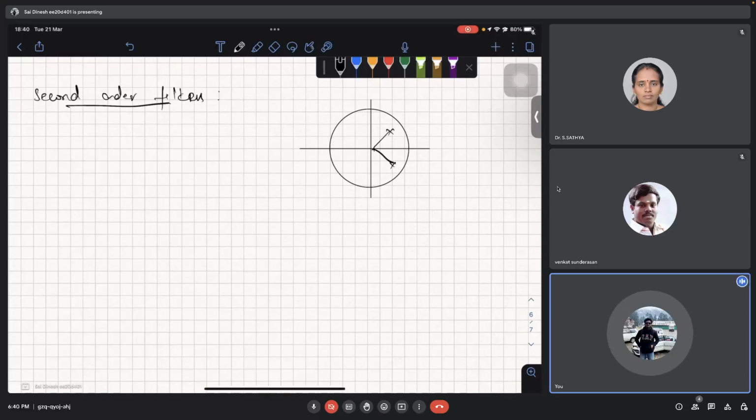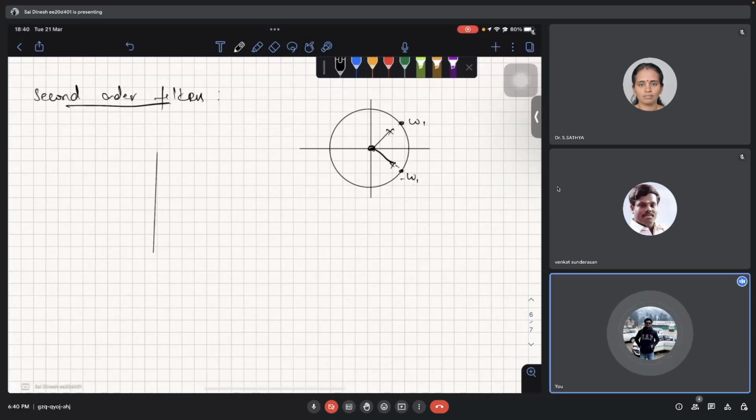What we know is poles produce gain, and then we have two zeros here. So let's say this is minus omega 1, and then this is omega 1, right?